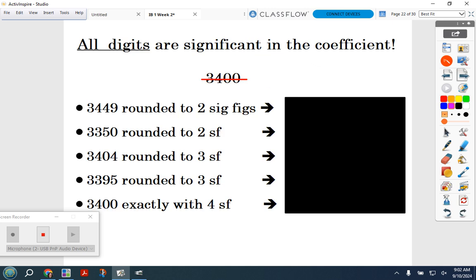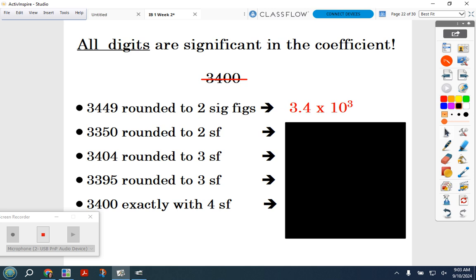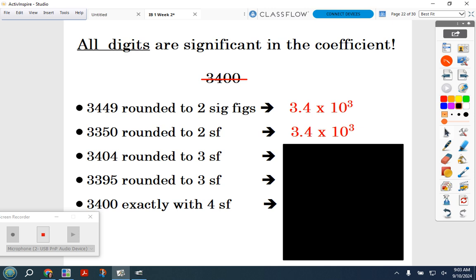If we wanted to look at this 3,400 and look at different ways that we could write this in scientific notation, if it was 3,449 rounded down to 2 sig figs, then it would just be 3.4 times 10 to the third, right? Or if it was 3,350 or above rounded up to 2 sig figs, that would also be 3.4 times 10 to the third.